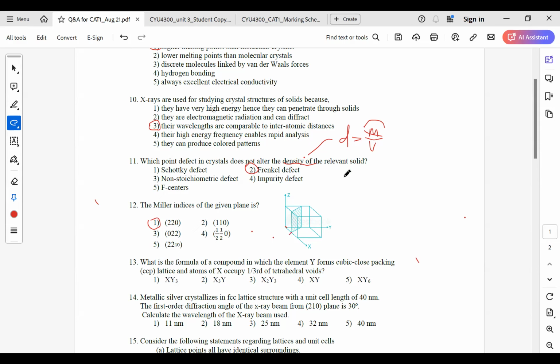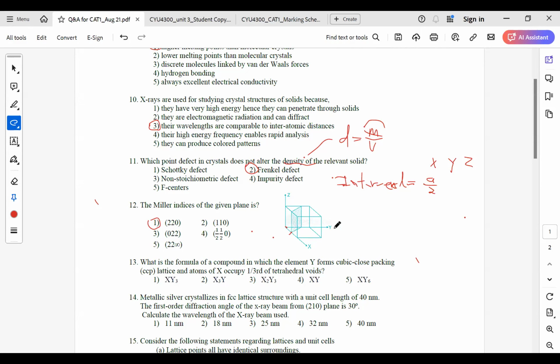So first you are going to record all the intersections, X, Y, Z. Then this is intersected at a divided by 2, halfway.